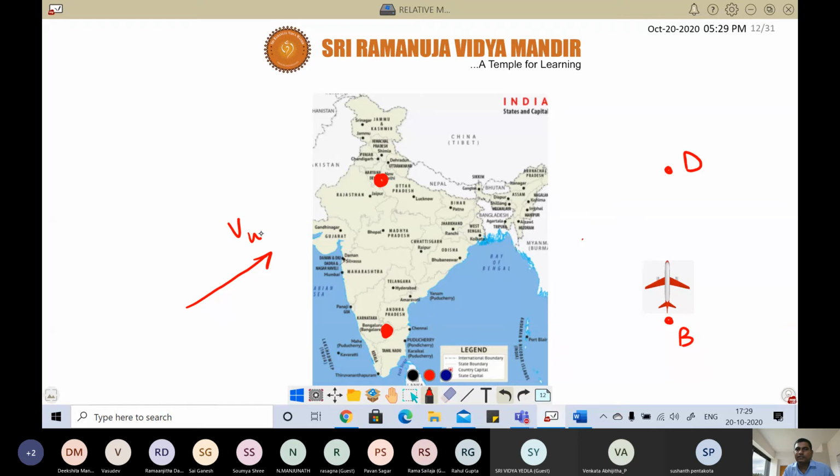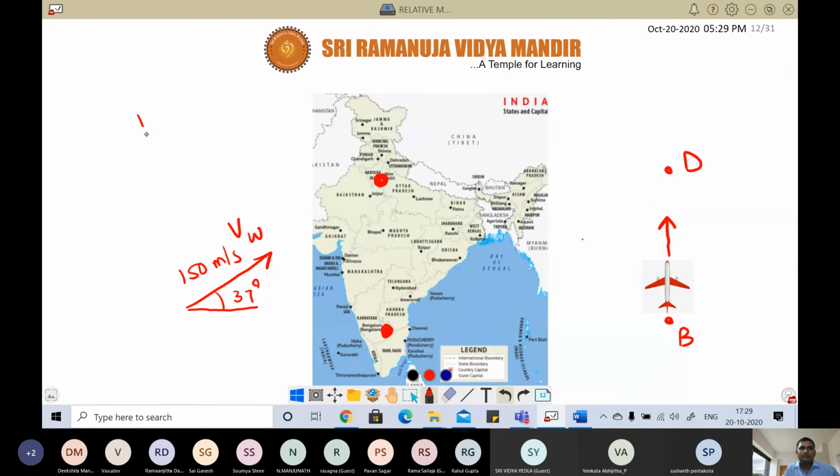This is the velocity of wind, which is given as, suppose let us say, 150 meters per second at an angle of 37 degrees. Now this is the aeroplane's velocity, that means the engine's effort, which is also given.